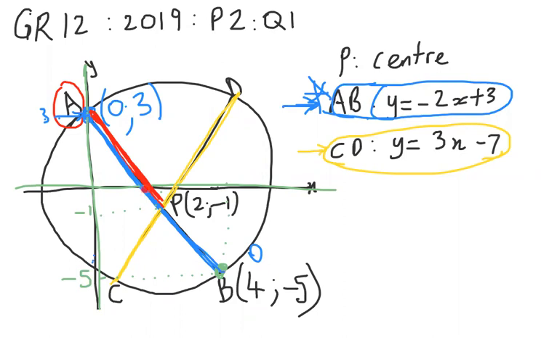Remember, AB is the blue line and Q is the x-intercept. So what is the x-intercept? The x-intercept will be somewhere there. So it looks like that is Q, the x-intercept of this blue line AB.